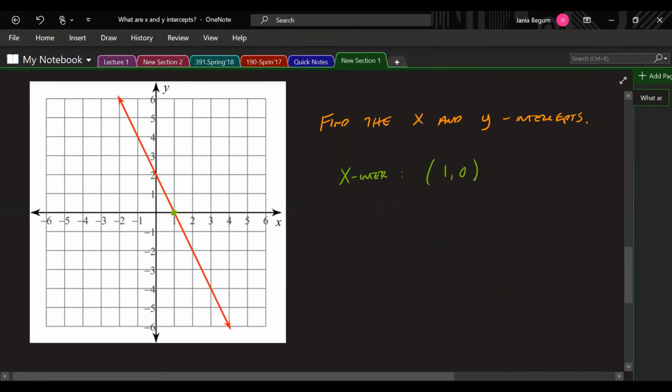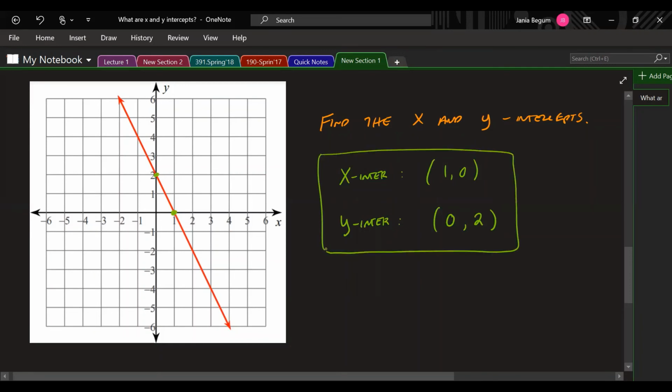And again, by looking at the graph, we can observe that the Y-intercept is this point. It's when the graph crosses the Y-axis. So we can read it off from the graph that the Y-intercept is going to be the point where X is 0 and Y is 2. So we're able to get these points just by looking at a graph. That's another way you can find your intercepts.